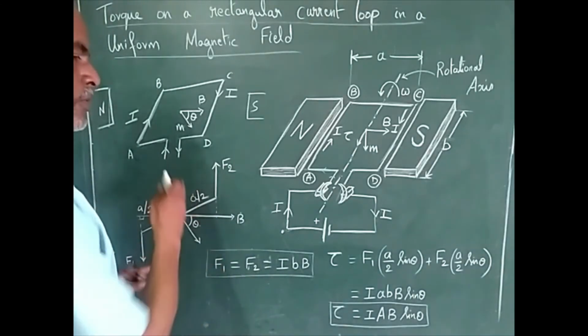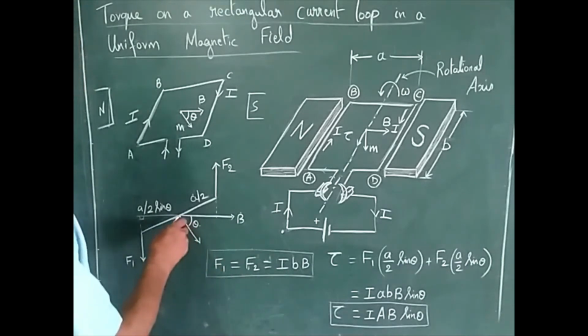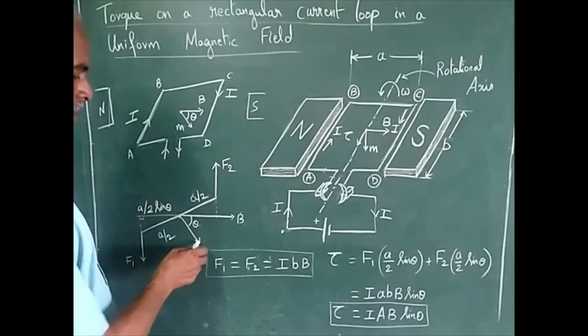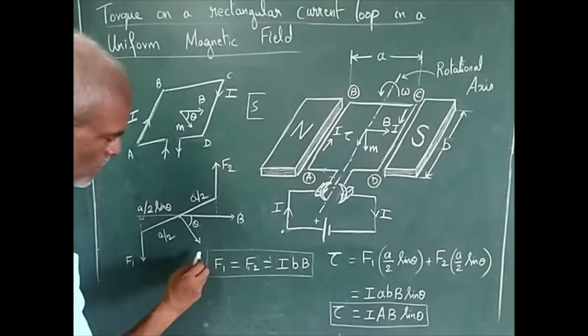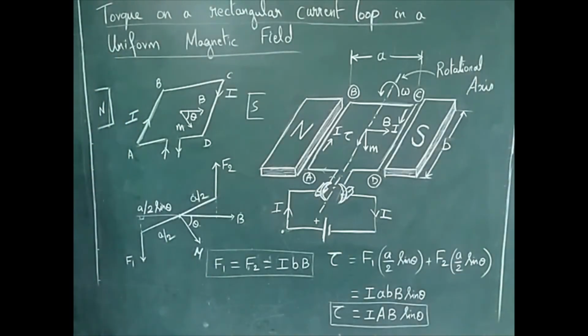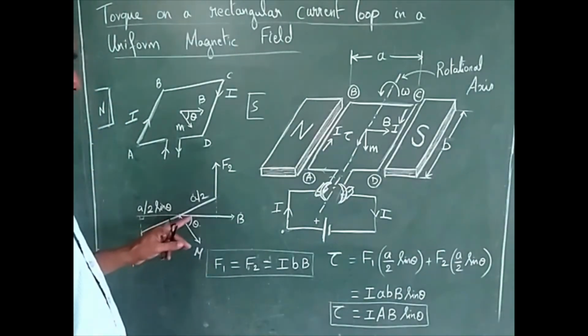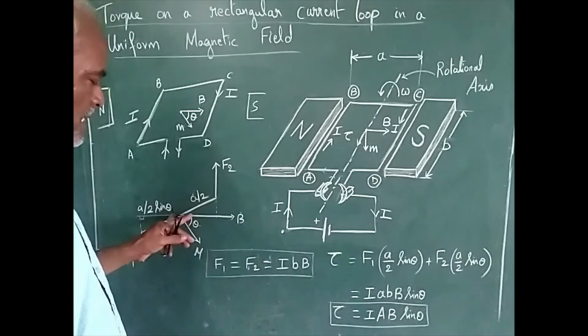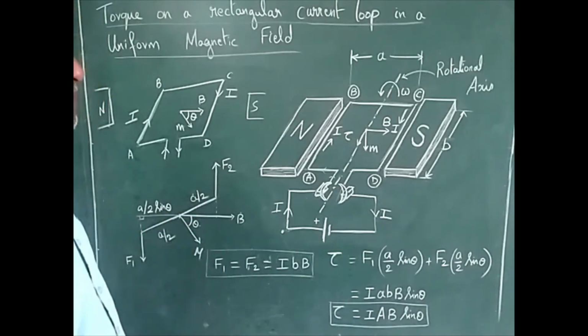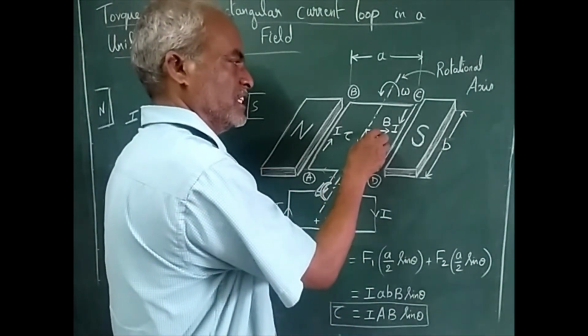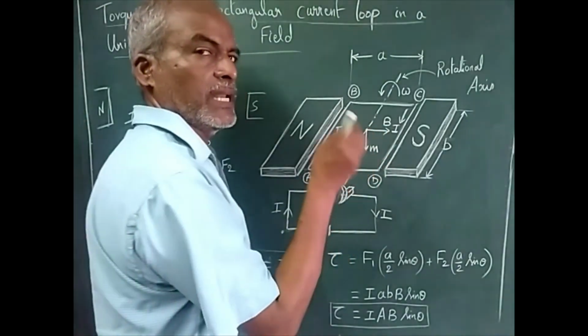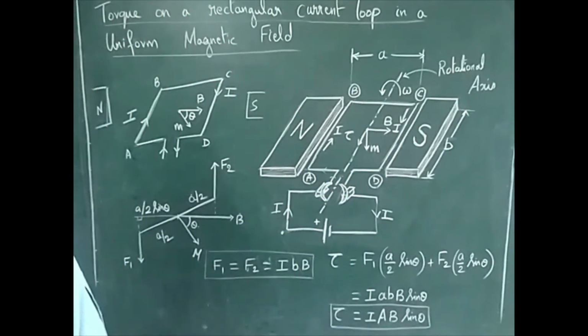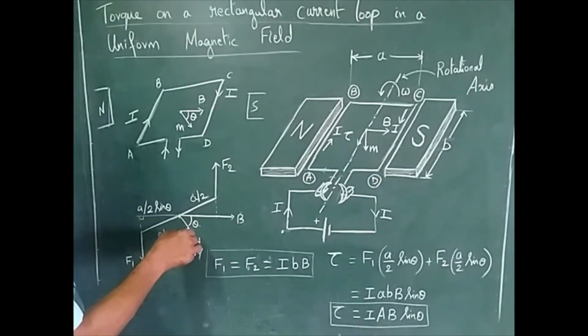Now the torque produced we have to calculate. So this is the point. Now this is the magnetic moment M. Now it makes an angle theta with respect to flux density. In the previous case, with respect to flux density, it had made an angle of 90 degrees. Now this has been shifted to theta.